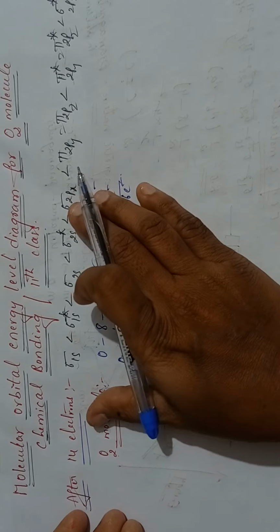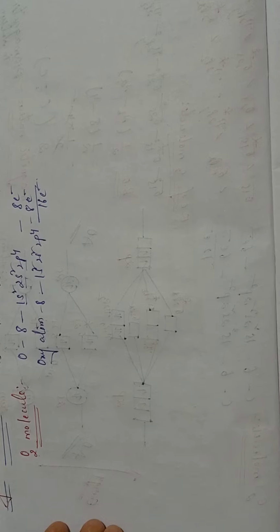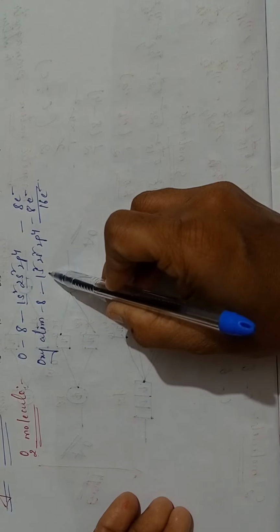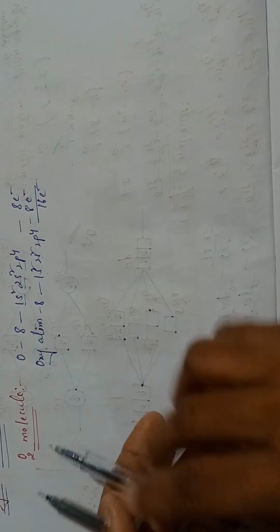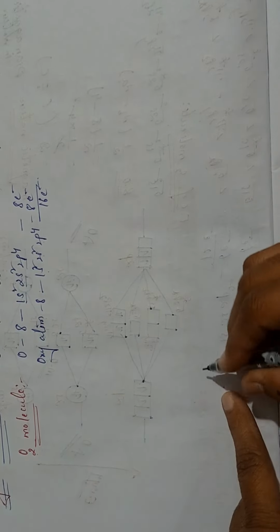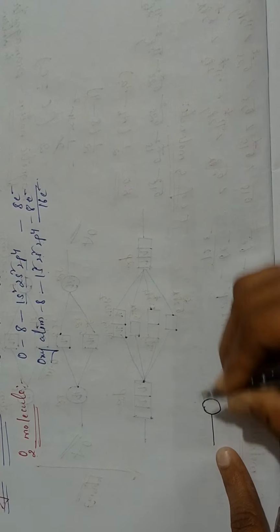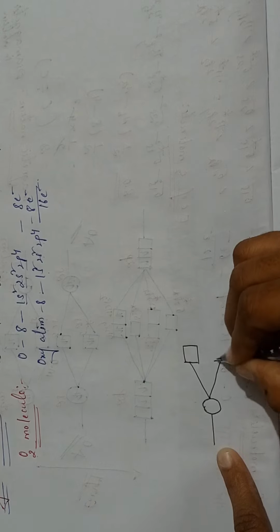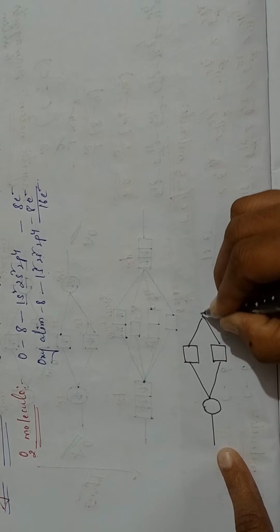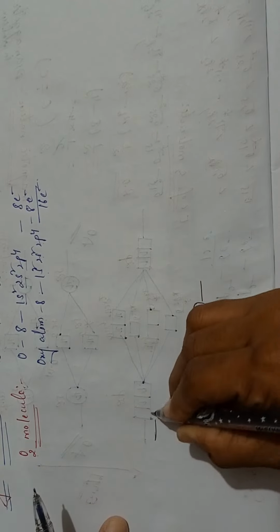From down to up I will take the diagram. See students how I am taking. First I take 1s, then 2s, then 2p. This is 1s, first one. Next 2s.